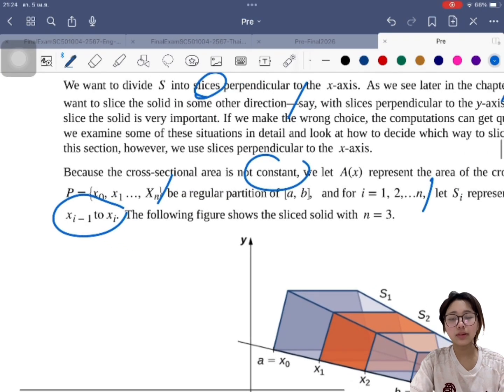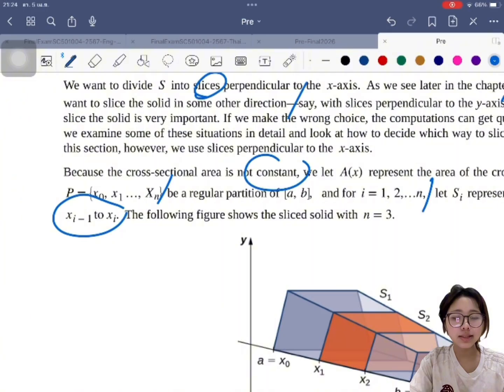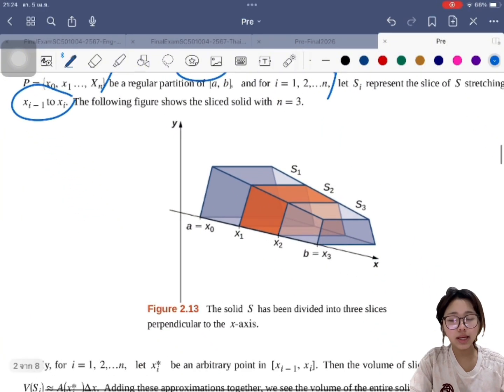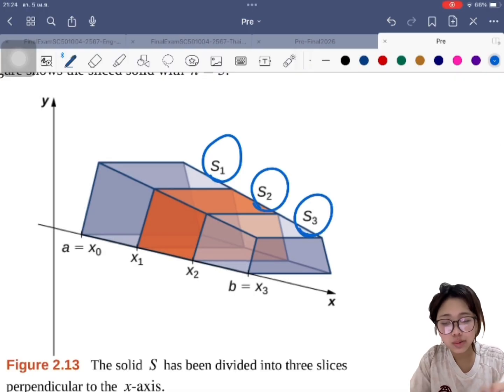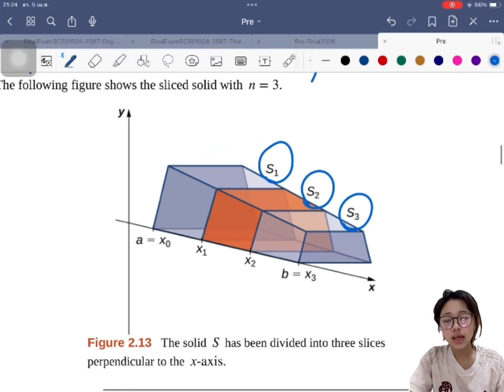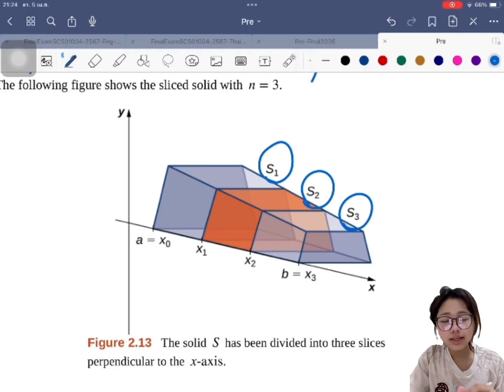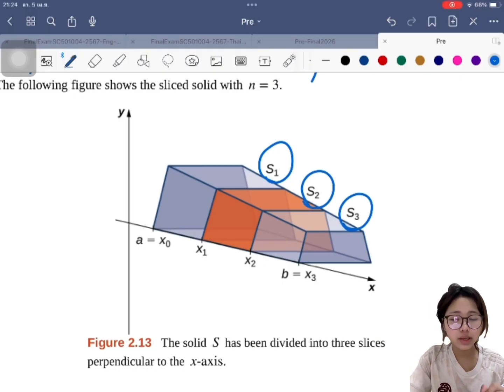The following figure shows the solid with n equal 3. So we have S1, S2, and S3, with a equal x0, x1, x2, and b equal x3.